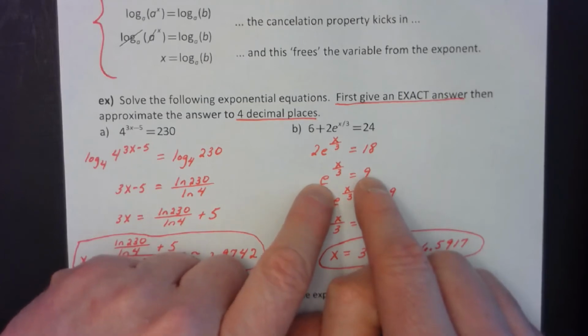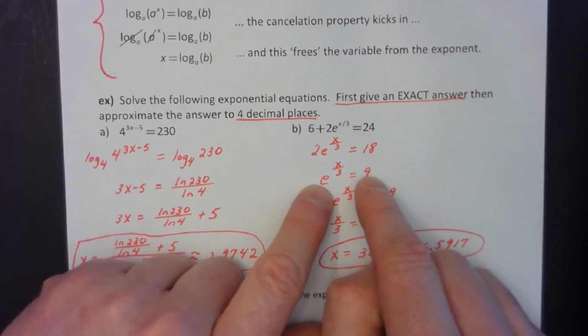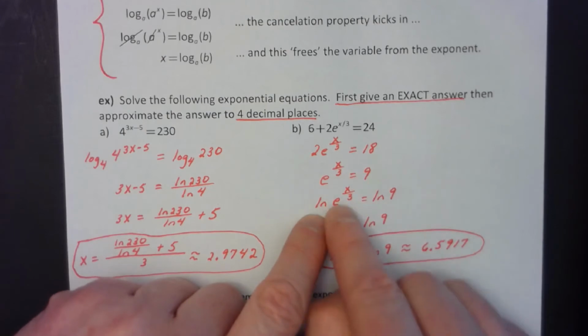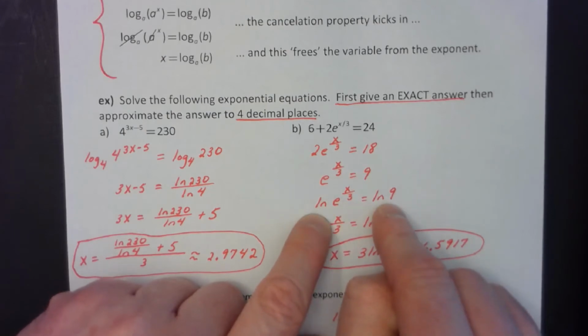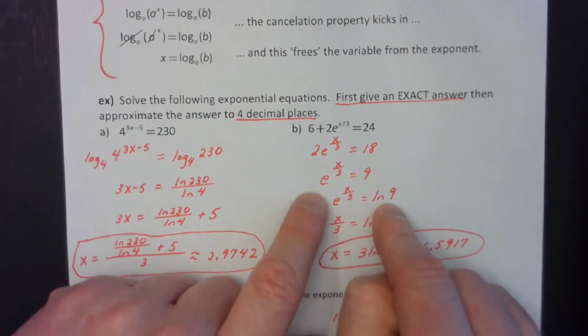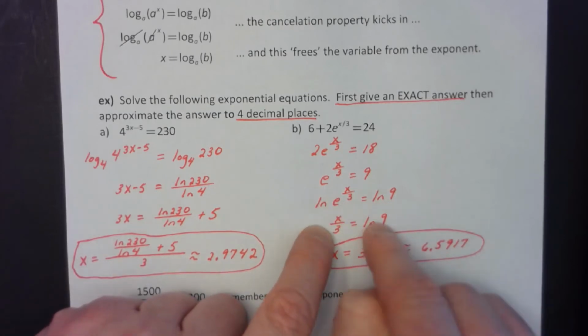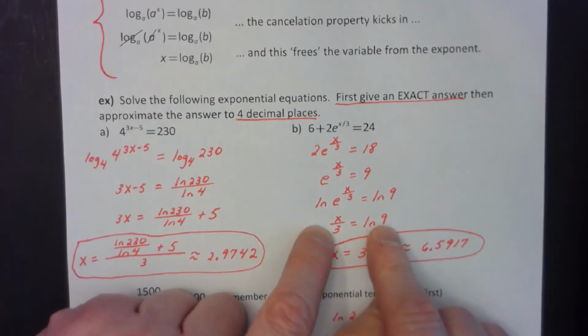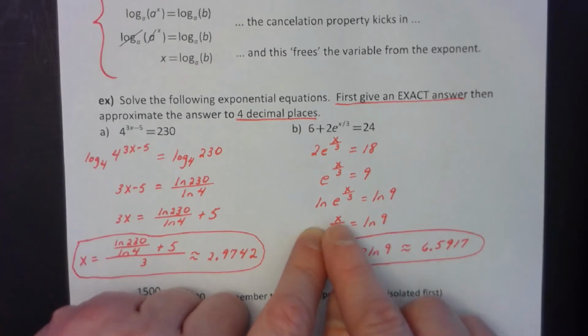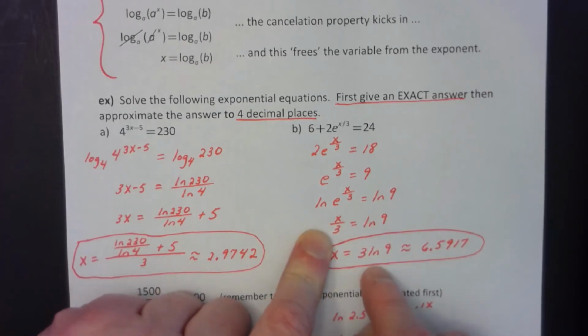Now I need to get rid of exponential base e. Well, the inverse of exponential base e is log base e, which is better written as a natural log. We take the natural log of both sides. Natural log and e eliminate one another, and so you just have x over 3 on the left. Natural log of 9 can't really simplify unless you want an irrational number. So I have x over 3 is equal to the natural log of 9. x is going to equal 3 times the natural log of 9.